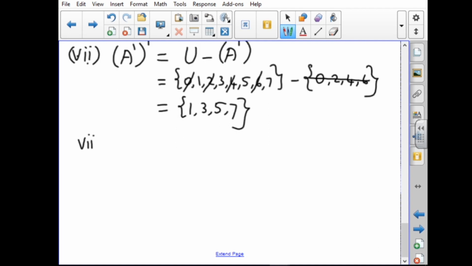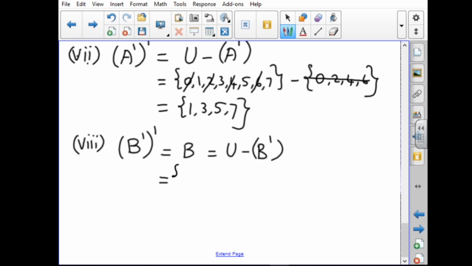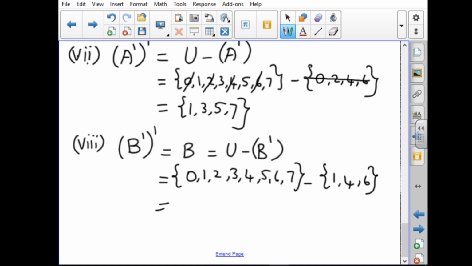Then the eighth one, B dash whole dash. B dash whole dash is nothing but B. That is equal to U minus B dash. So what do you get? 0, 1, 2, 3, 4, 5, 6 and 7 minus the B dash value, which is 1, 4, 6.